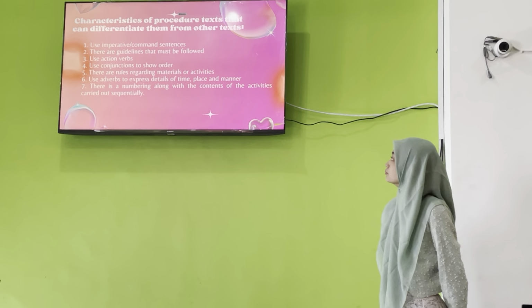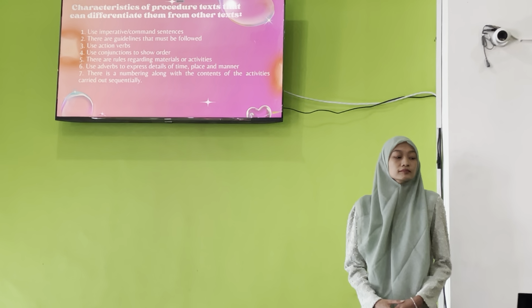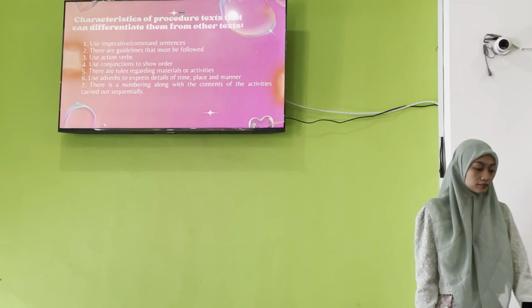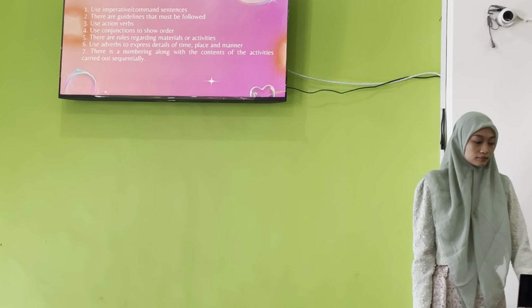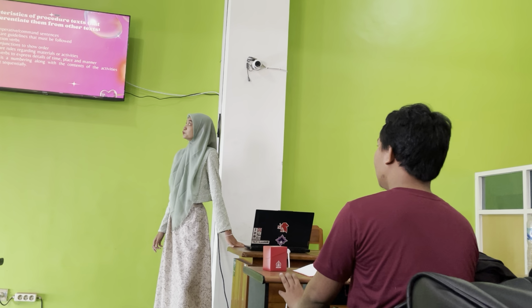Use action verbs. 4. Use conjunctions to show order. 5. There are rules regarding materials or activities. 6. Use adverbs to express details of time, place, and manner. 7. There is numbering along with the contents of activities carried out sequentially. Understand?